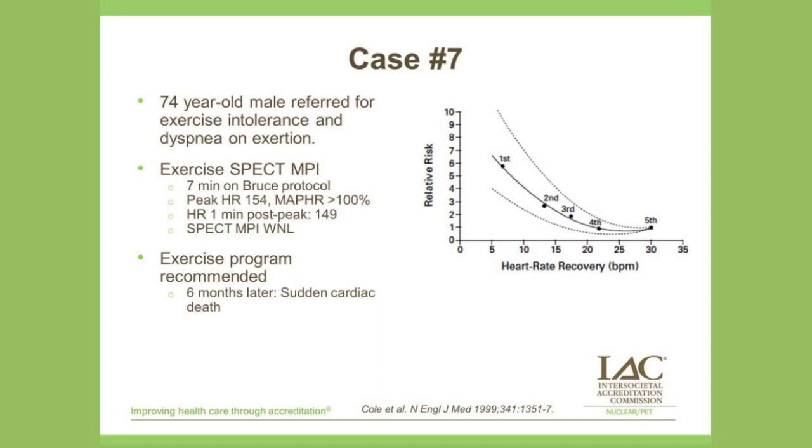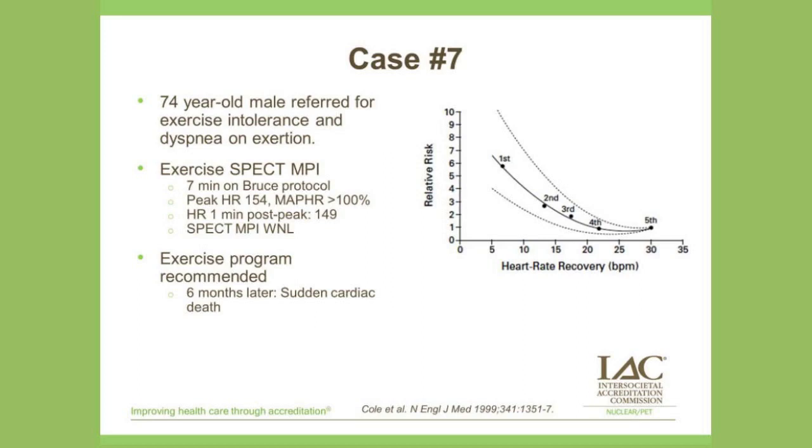So if you look here at the graph on the right, you can see the number of beats per minute drop in heart rate from peak at 1 minute post exercise, and the quartiles show you the relative risk of mortality at 6 years.